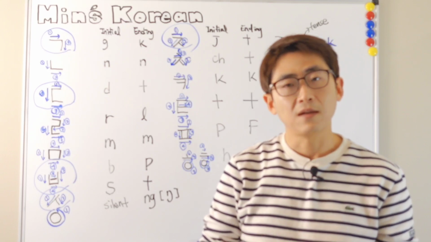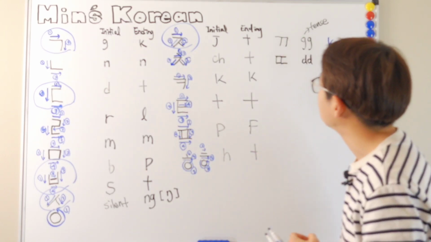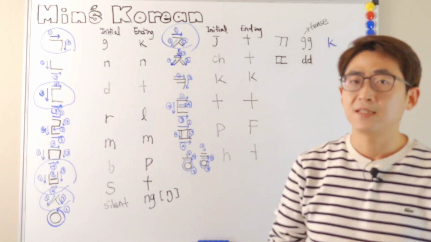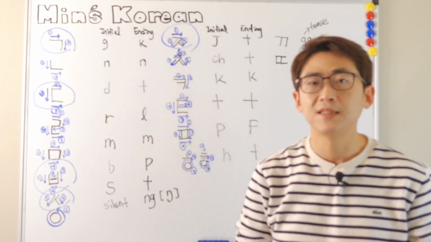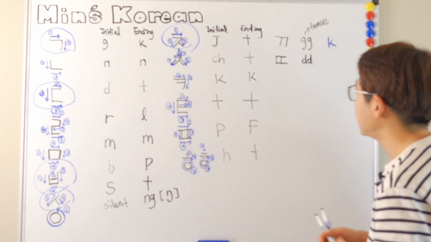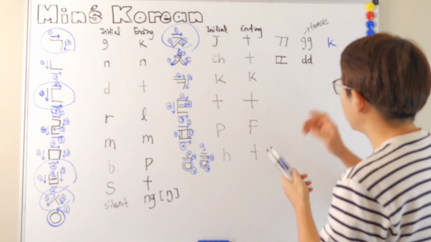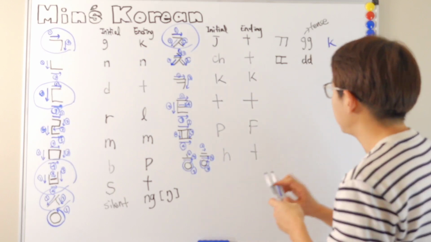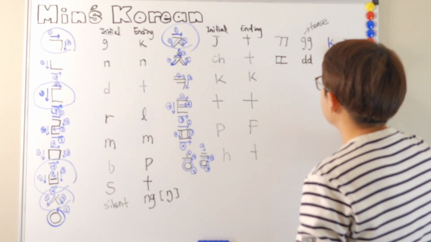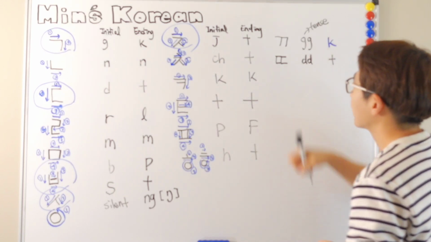As in desk, desk, desk, d, d, d, okay? As in desk. So you have to make a very tense sound, but when it's used as an ending consonant, it just makes the same sound as T, okay?